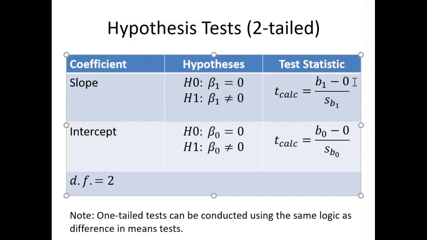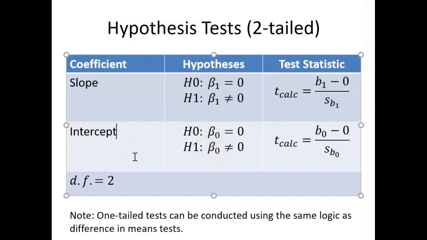This is the t-statistic that Excel is going to produce for us automatically. We can construct another t-test if there's another benchmark that we want to test the slope against. Suppose you want to test if the slope is different from 1, then you would just subtract 1 from the slope and divide that by the standard error. You would have a different t-statistic for that particular test.